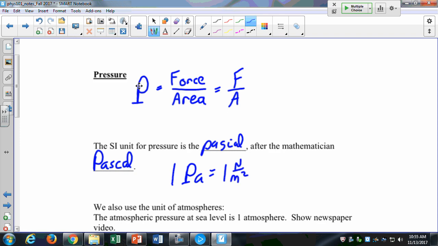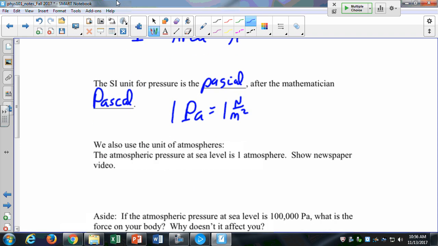We'll also use another unit for pressure, often used when we're talking about pressures of gases, the atmosphere. 1 atmosphere is equal to 1 times 10 to the 5th newtons per square meter, or pascals.